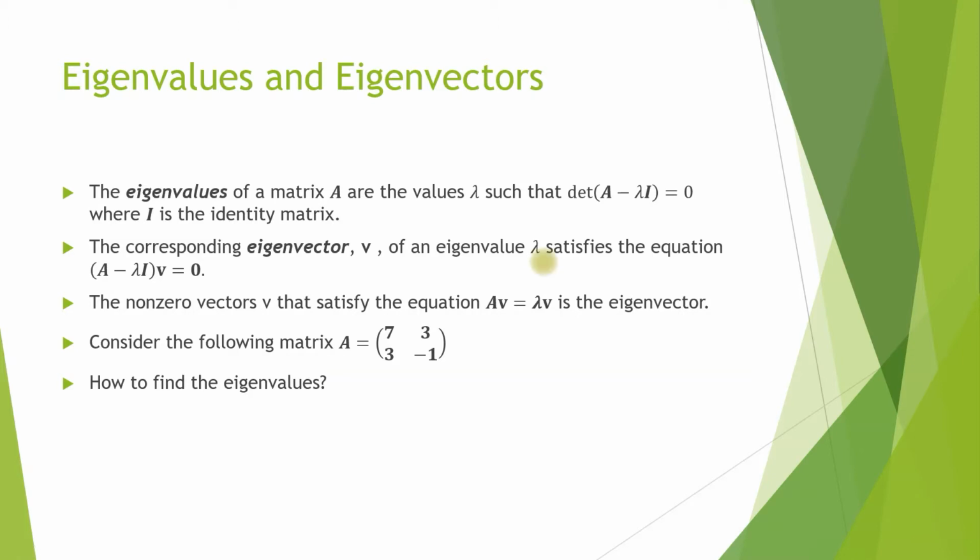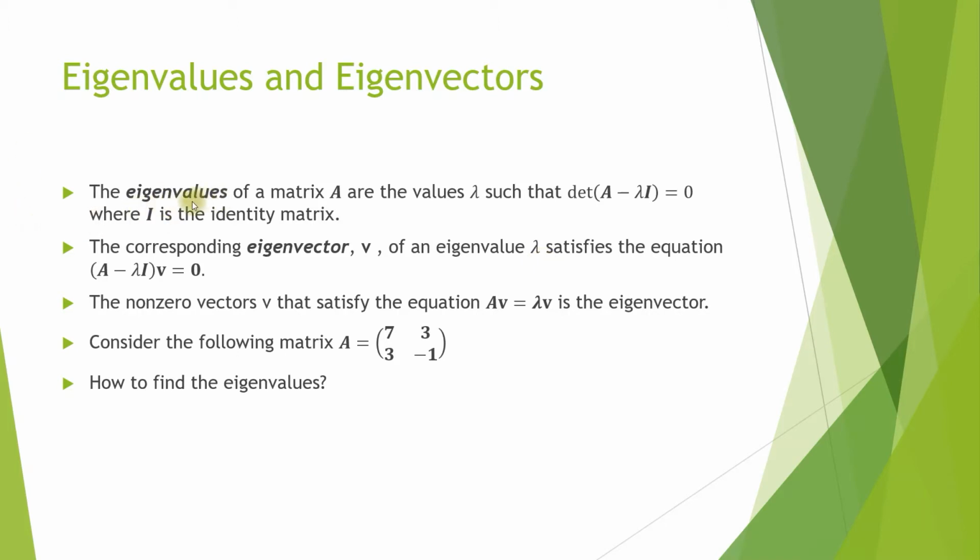To find the principal components, you will need to be able to find the eigenvectors of the variance covariance matrix, which we are going to get into later on. But the first thing that we need to do is to understand what an eigenvector is. So we will just take a small example to illustrate that, okay? To be able to understand the eigenvector, we need to find the eigenvalues first.